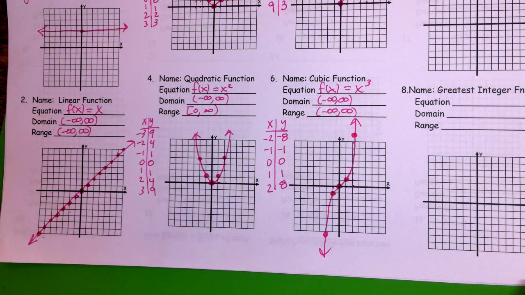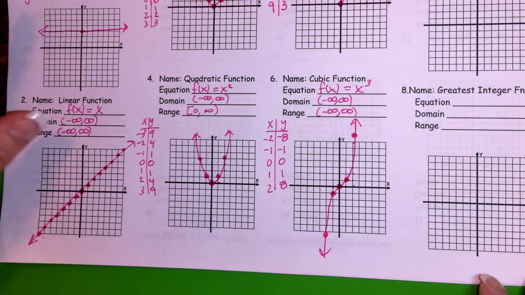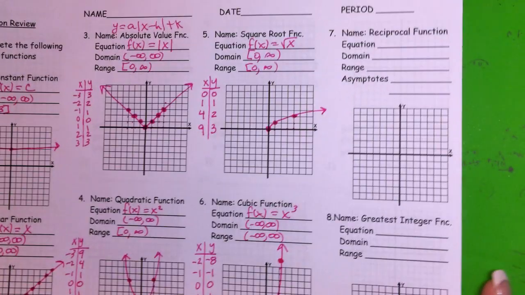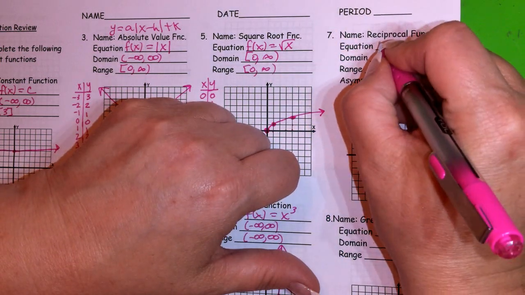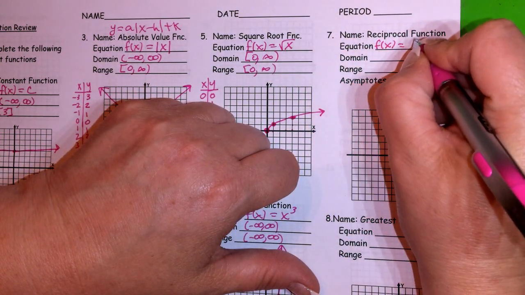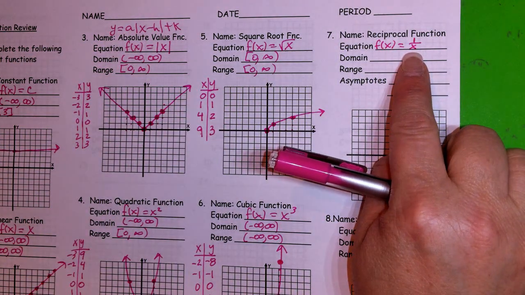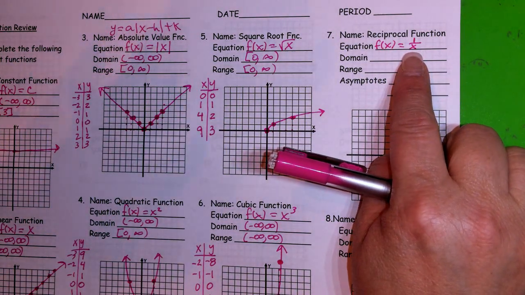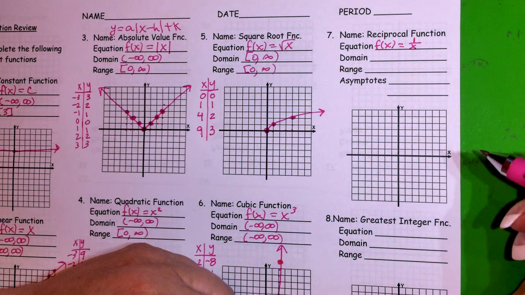So these are the ones that you have definitely learned in Algebra 2. Getting to the new stuff, your reciprocal function, that is going to be f of x equals 1 divided by x. Well, again, we've been talking about fractions and domains. We don't want x to equal 0. The reason why is because there's an asymptote there.